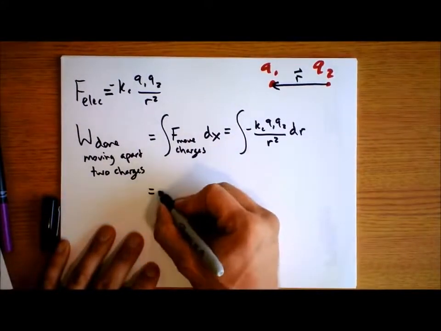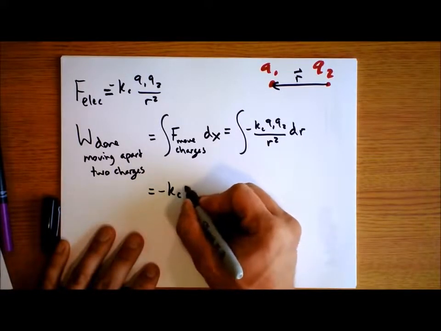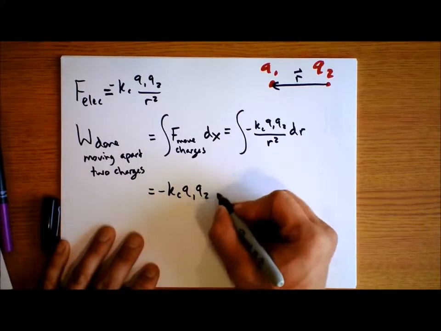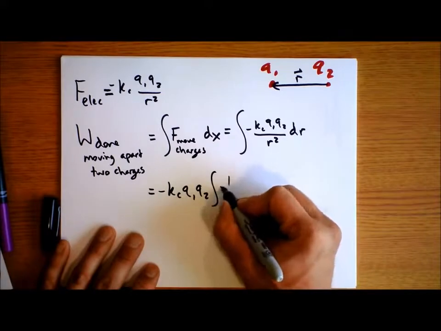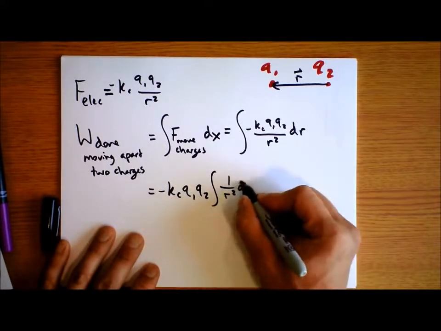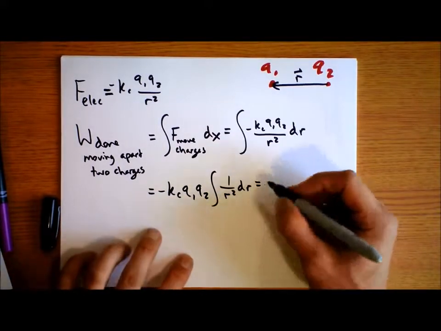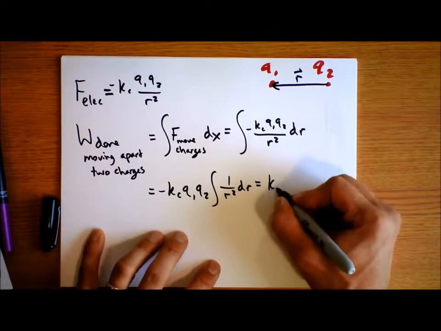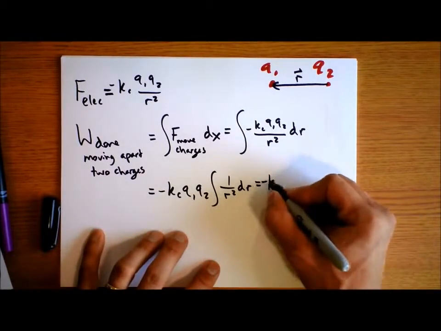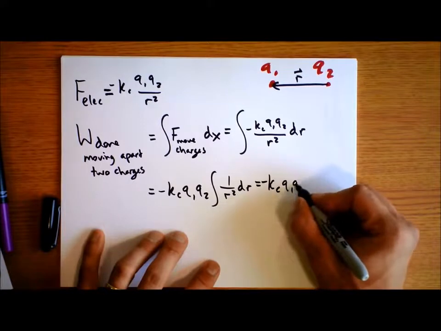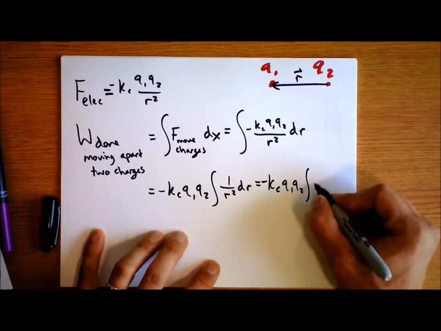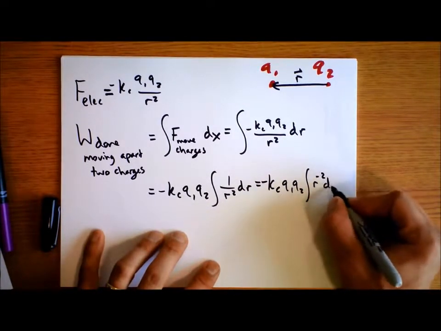So in just the same way, I have negative Kc times Q1 times Q2 times the integral of 1 over r squared dr. This is the same thing as negative Kc Q1 Q2 times the integral of r to the negative 2 dr.